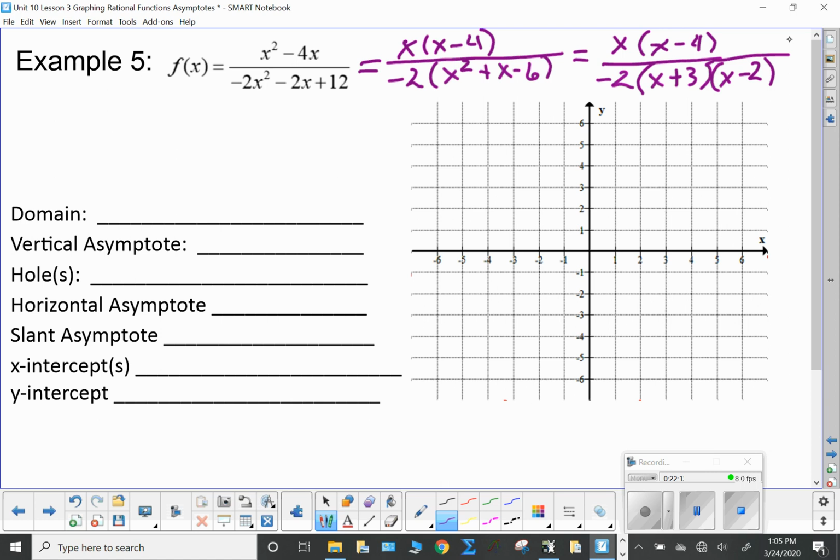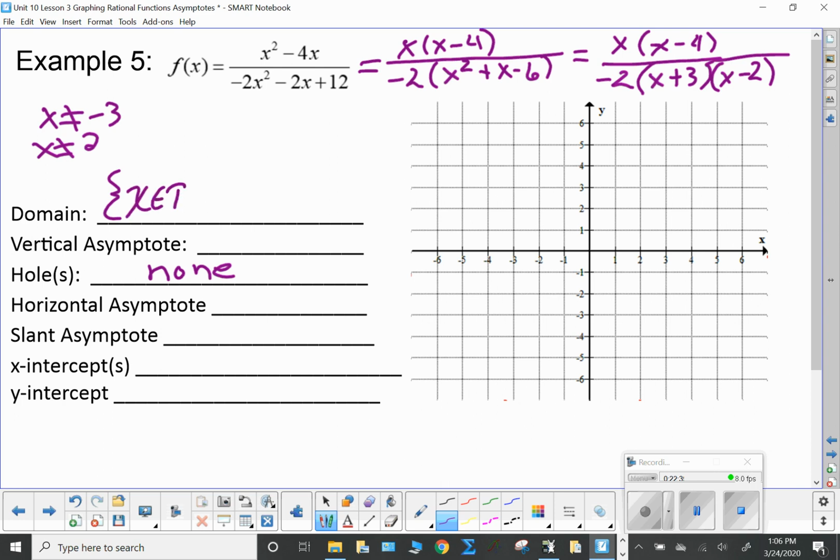Now, I look, nothing cancels. Since nothing cancels, I will not have a hole. The domain: x cannot equal negative 3, x cannot equal 2. Notice if x is negative 3, the denominator is 0. If x is 2, the denominator is 0.